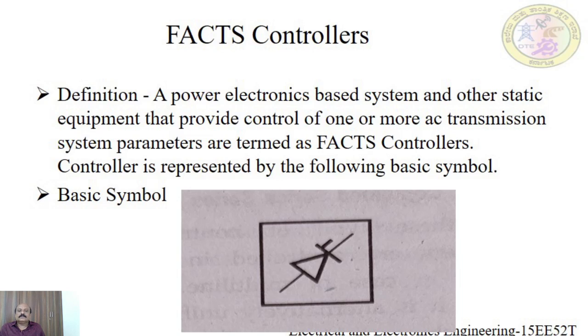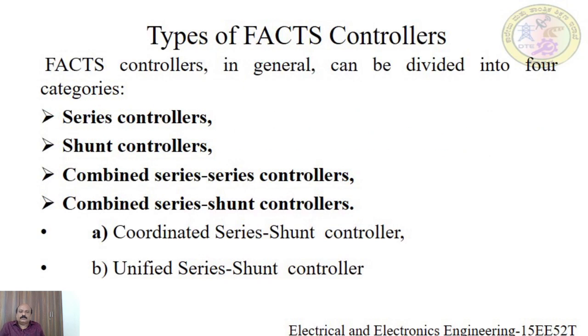So in case of this power control, we have different types. Depending upon the compensation, we will have different types of FACTS controllers. The first and foremost one is the series controller.